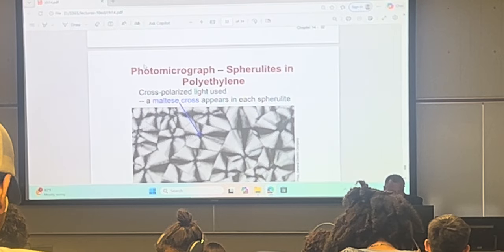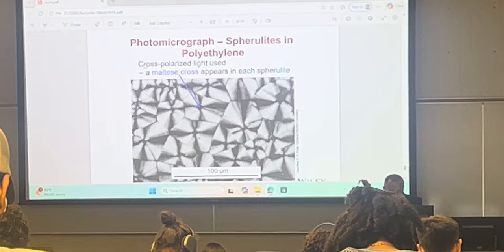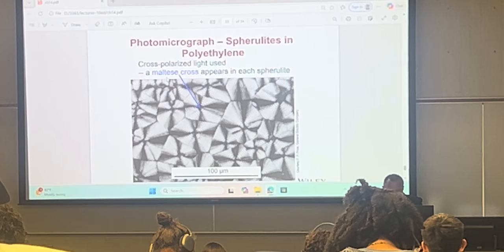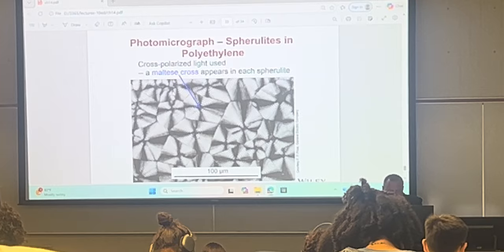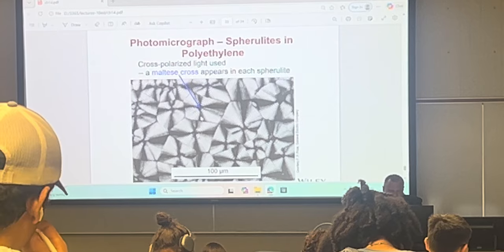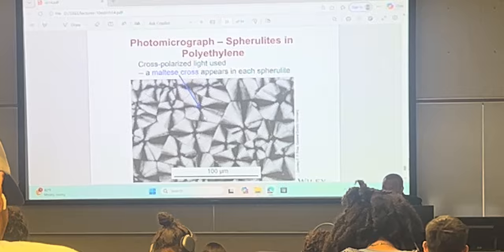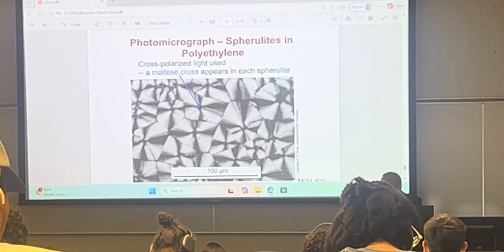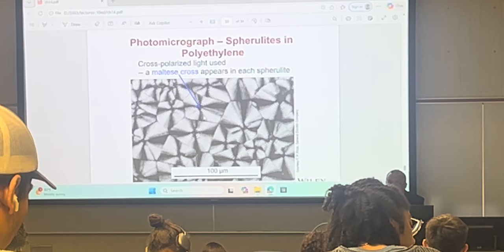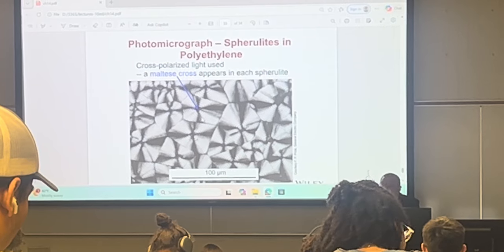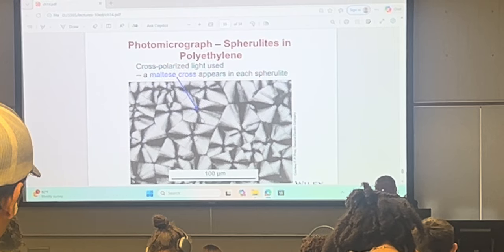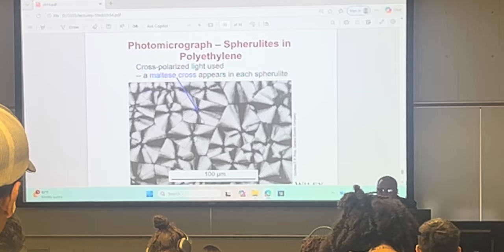And here's an example of spherulites in polyethylene, and you can see it in polarized light, which is characteristic Maltese cross for each spherulite. And how do you produce polarized light? Through a polarizer.